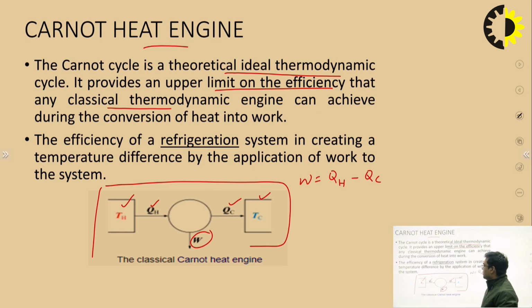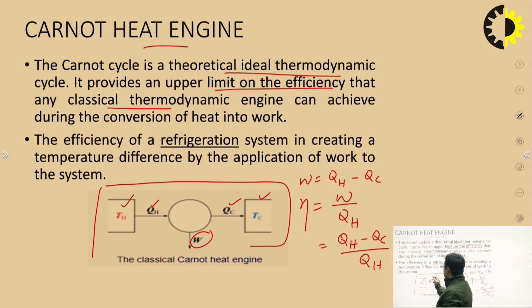Similarly, the efficiency will be calculated as the work done upon the heat supplied to the system, that is QH, or it can be represented as (QH minus QC) upon QH. Let's suppose QH is 800 joule and QC is 600 joule.